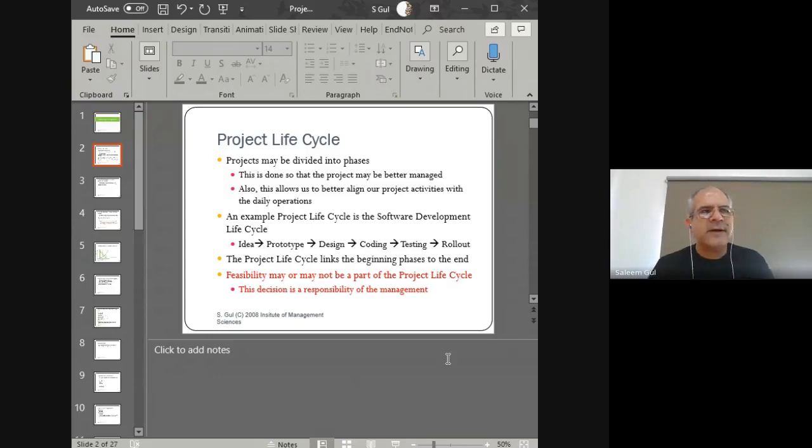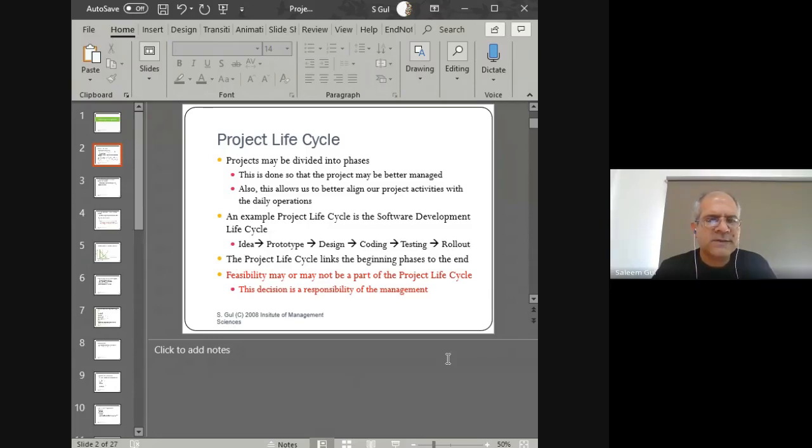In the same way, projects can be divided into different types of phases, and these are the phases that projects will go through in order to go from their starting all the way down to their conclusion, right? So life cycles are something that we talked about before. We know that these are familiar concepts. For example, there's the water life cycle and there's the human life cycle as well, right? So the idea is quite similar to that.